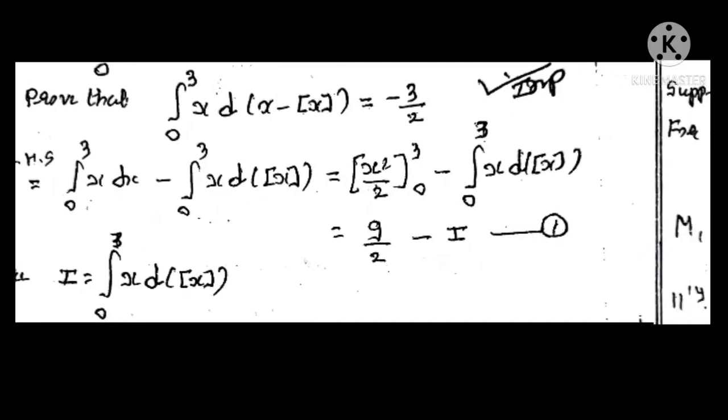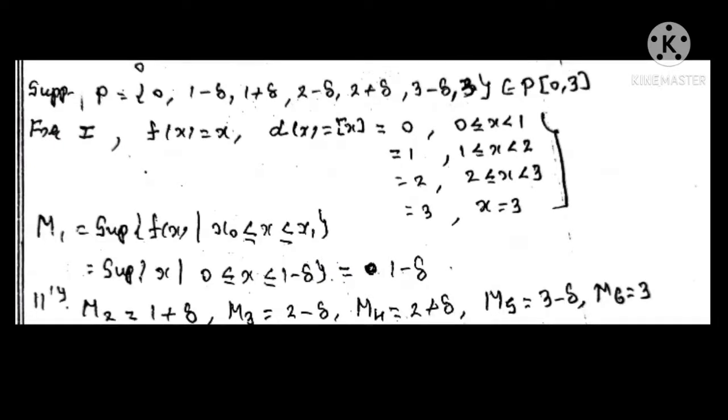Now suppose P is equal to 0, 1 minus delta, 1 plus delta, 2 minus delta, 2 plus delta, 3 minus delta, 3 belongs to partition of 0 to 3. For I, fx is equal to x and alpha x is equal to 0 for 0 less or equal to x less than 1.